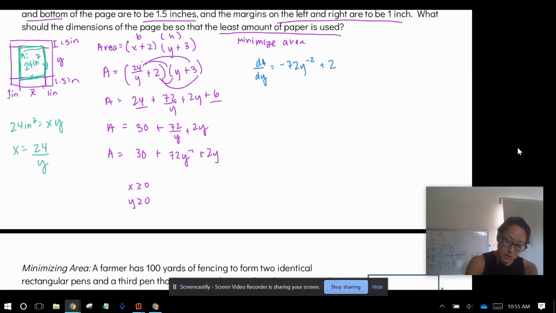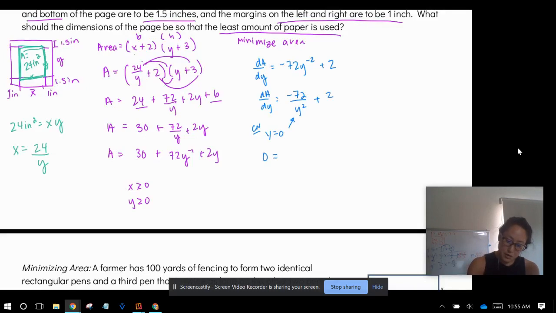All right, so dA/dy is equal to negative 72 over y squared plus 2. I can see right now that I have a critical number at y equal to 0, since that's what makes the function undefined here.